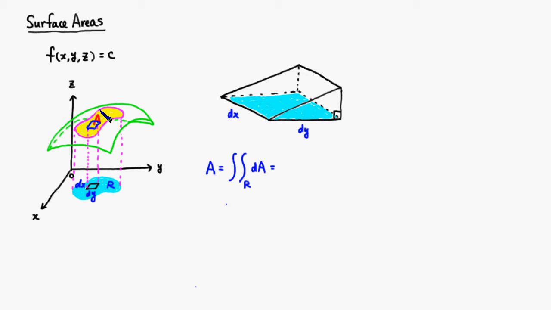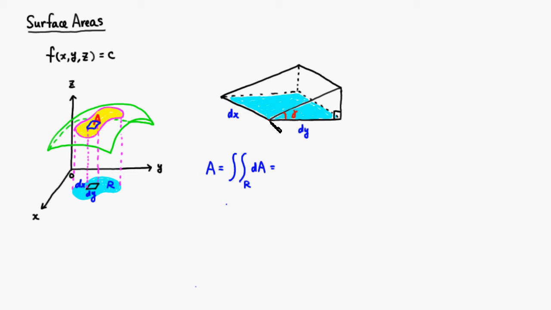So I blew this up into a bigger picture here. You have a dx by dy rectangle, and let's say we tilt this by angle gamma. I'm going to tilt it so that the dx doesn't change, but the dy is going to be a little bit longer.